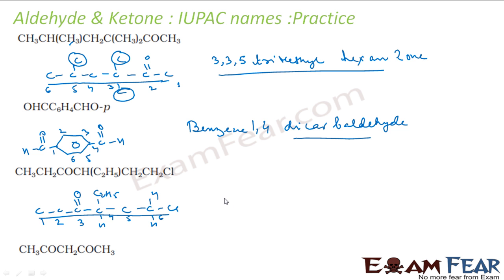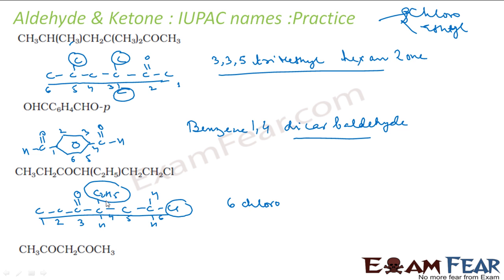Now let's start. How many substituents? There is one substituent here and then there's one here. One is chlorine, so let me write chloro here. That is ethyl. Let me start now with my English, A, B, C. C comes first, so chloro is first. Chloro is at 6th position, 6-chloro.